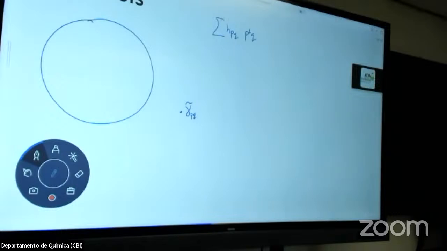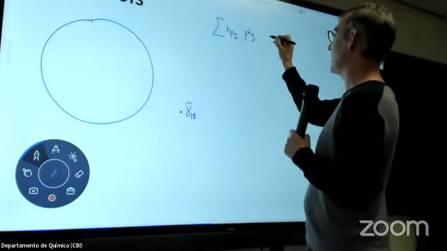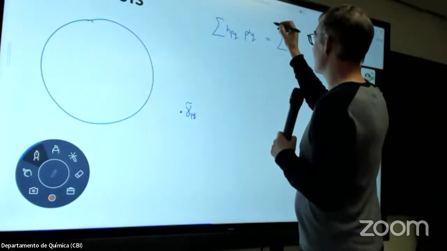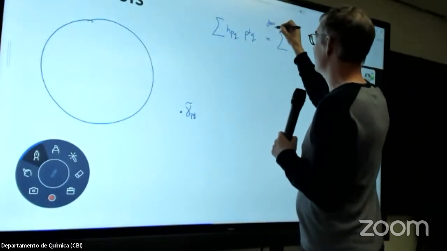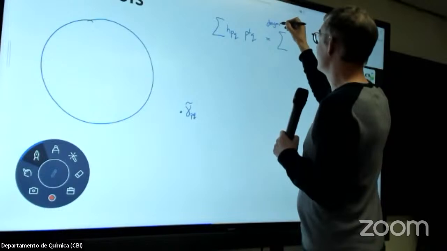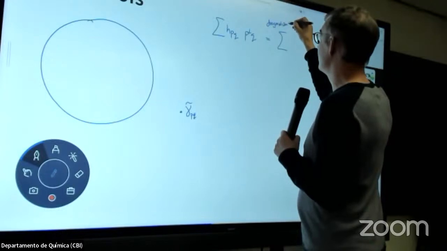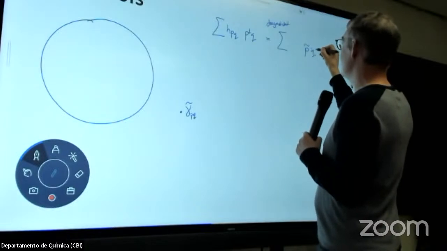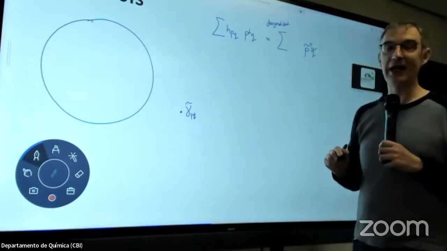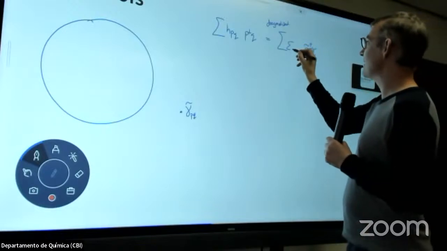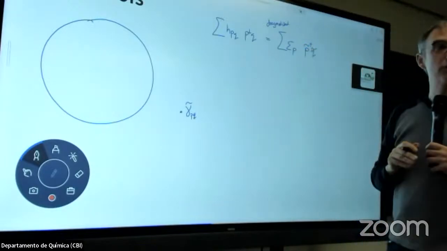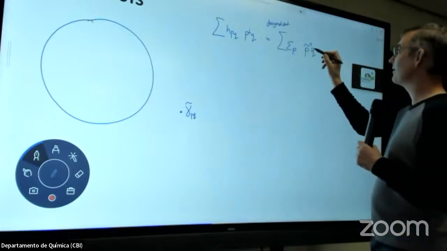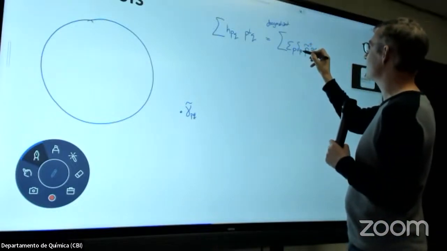I can always diagonalize a one body operator, right? So I'm going to diagonalize. I'm going to change the basis, so we'll just call it P tilde and Q tilde because I've now diagonalized it. And these elements we usually would call our orbital energies, right? And now it's that delta.